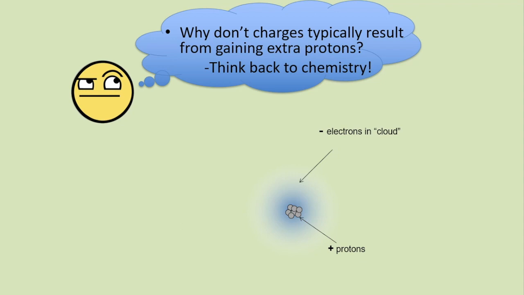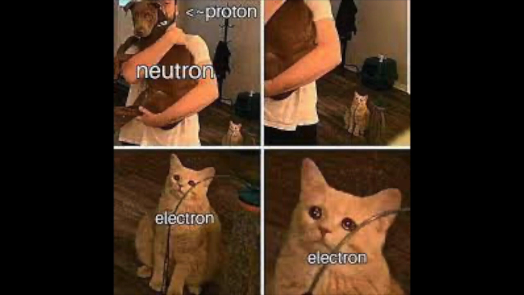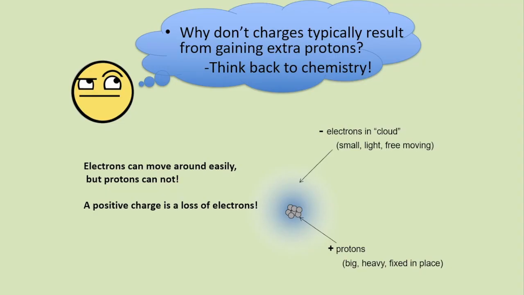And close to the center is where our protons are stored. So on the outside, it's small, it's light, it's free moving. Those electrons can go wherever they want. On the inside, though, it's big and heavy and fixed in place, meaning that those protons aren't going to be able to leave. Therefore, electrons can move around easily, but protons cannot.